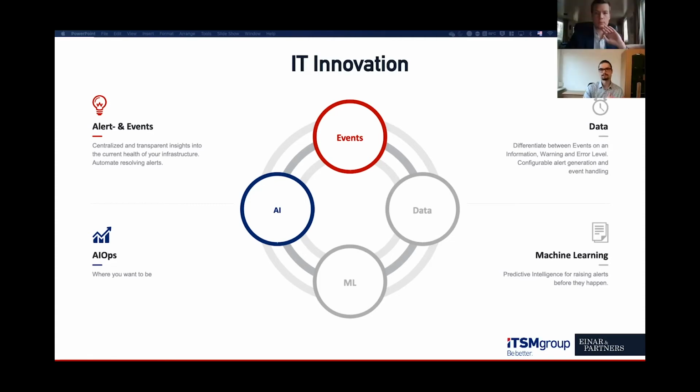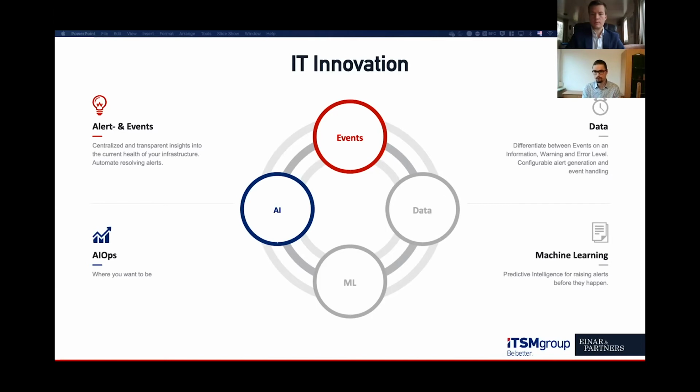And the question is, how do we get one level further? How do we get beyond information? How do we get to actually have knowledge? And to have knowledge, we can apply our past experience and knowledge bases, for example. We connect that with the information that we have now. And in event management, we have alerts and events that are currently happening in our infrastructure that get connected to the CMDB.